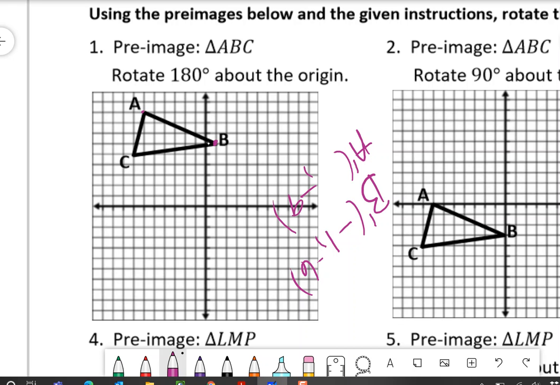And then I have 1, 2, 3, 4, 5, 6. +6. And then C prime is at 2, 4, 6, 7, and then down 2, 4, 5.